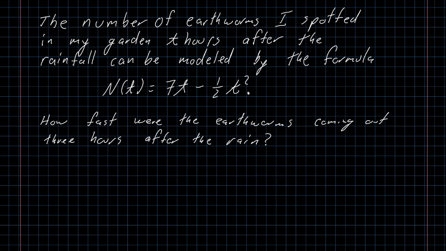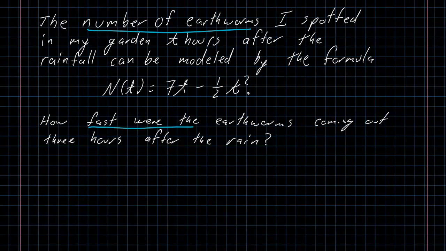Well, the formula itself is giving me the number of earthworms. And we're asking in this question, how fast were the earthworms coming out? Which is not quite the same thing, but it's a related concept.